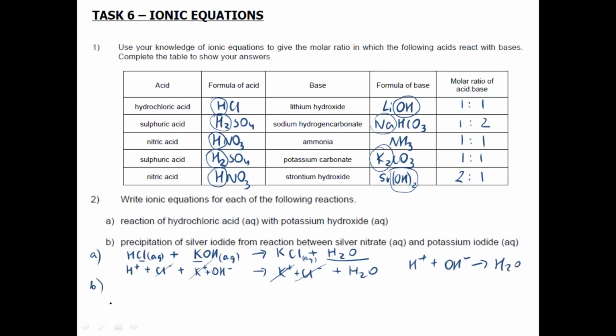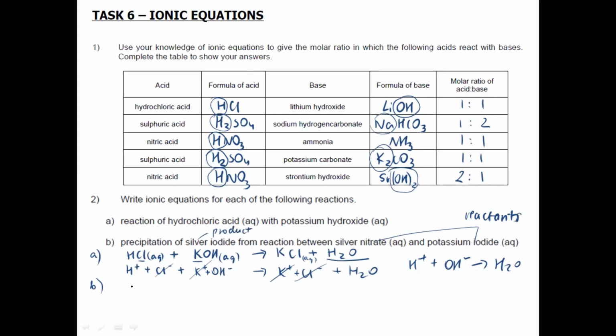For B, precipitation of silver iodide from a reaction between silver nitrate and potassium iodide. So make sure you read this properly, because it's precipitation of silver iodide. It's silver iodide that's going to be your product. So these are going to be your reactants, and this is going to be your product because you precipitate it. Okay, so my reactants I'm going to do first.